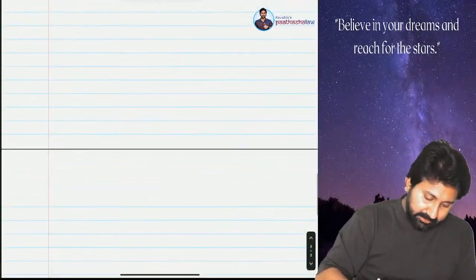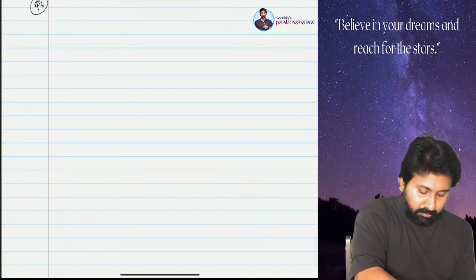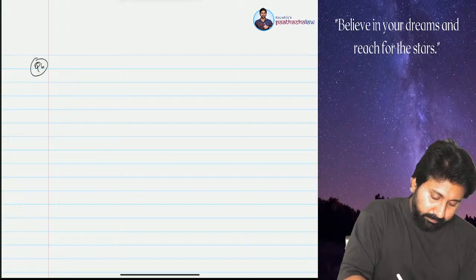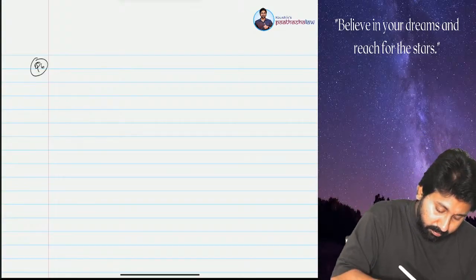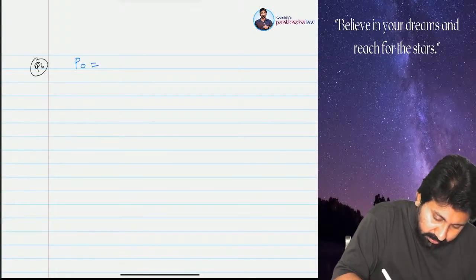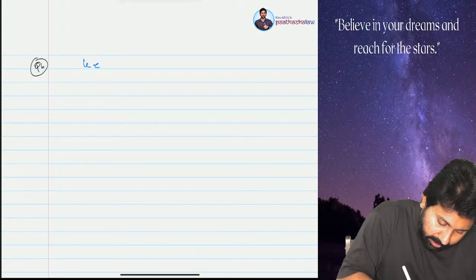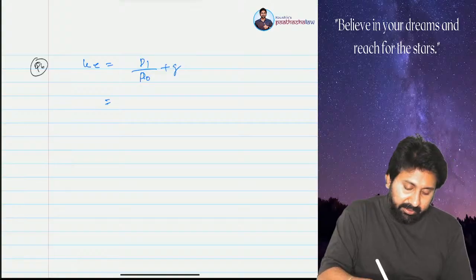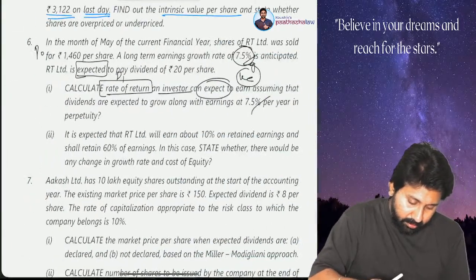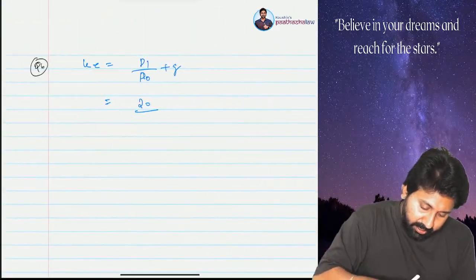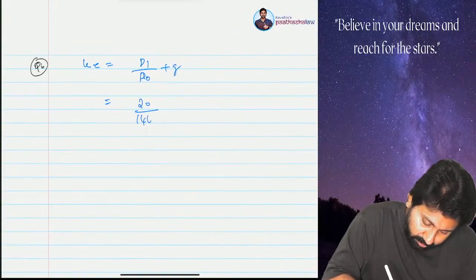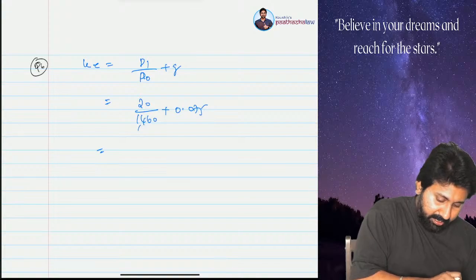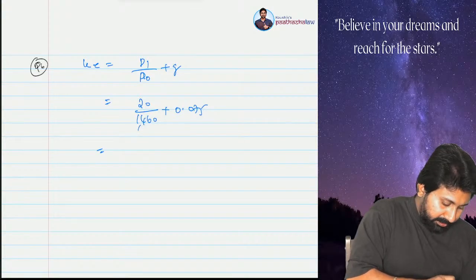Question number 6. Do it, everyone. KE equal to D1 by P naught plus G. D1 20 divided by P naught 1460 plus 0.075. 20 divided by 1460 plus 0.075.